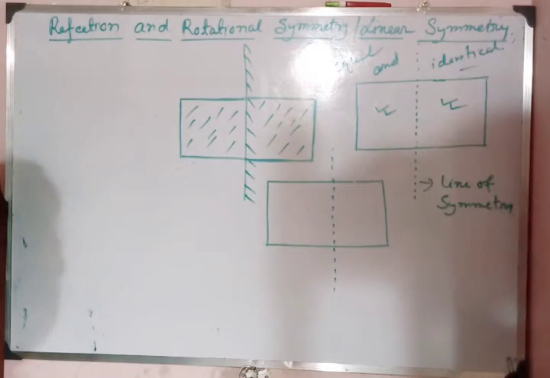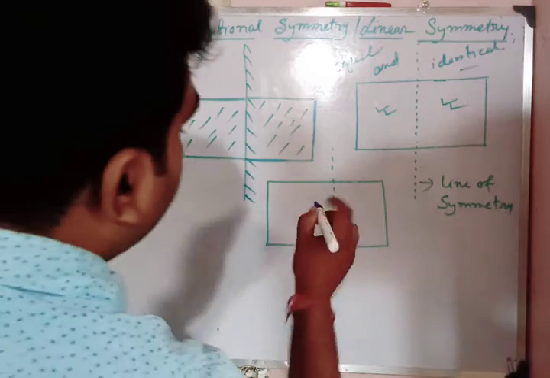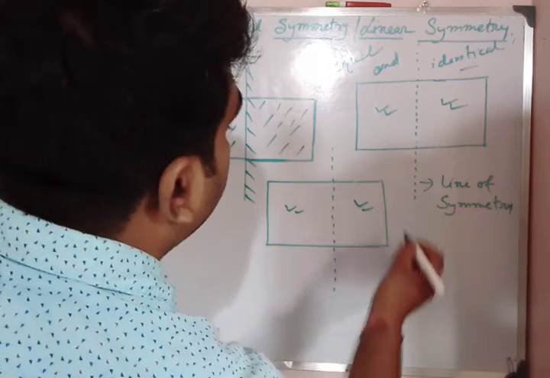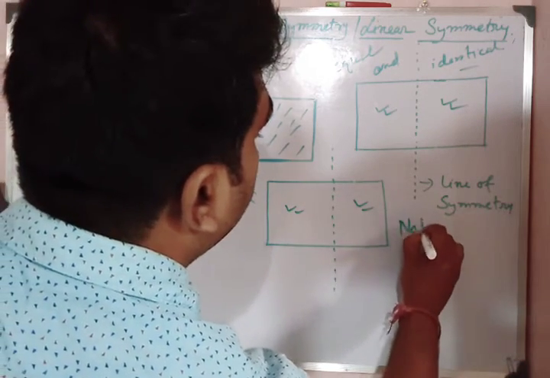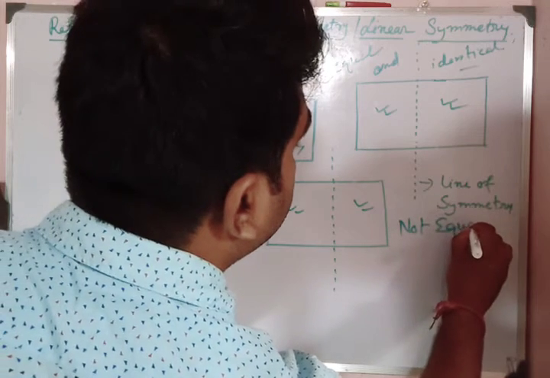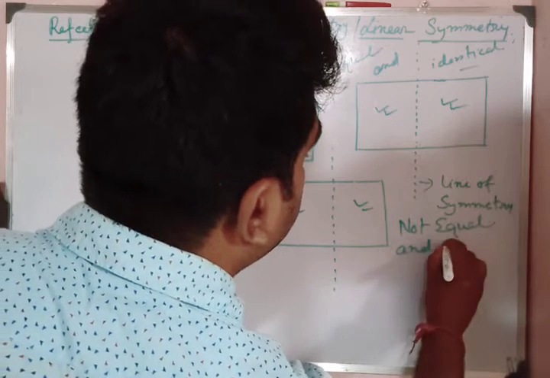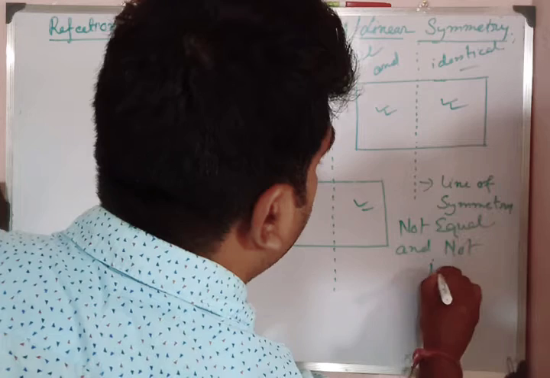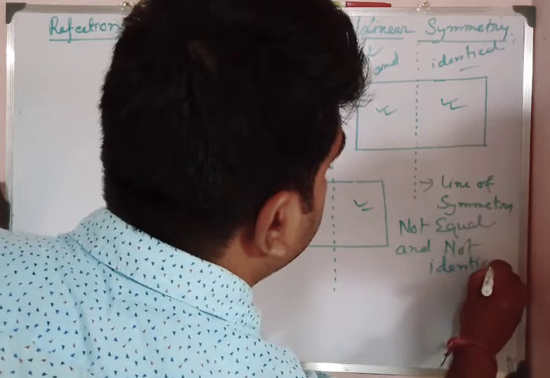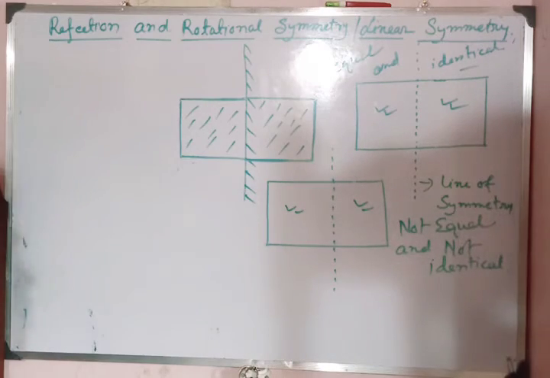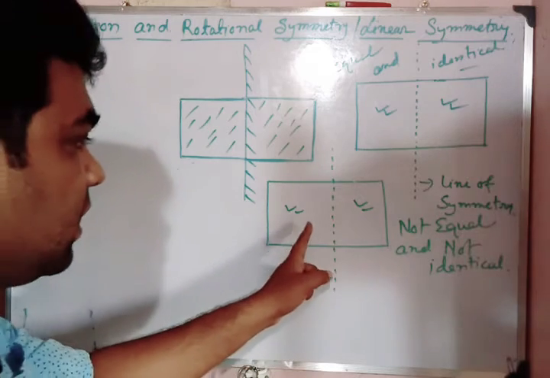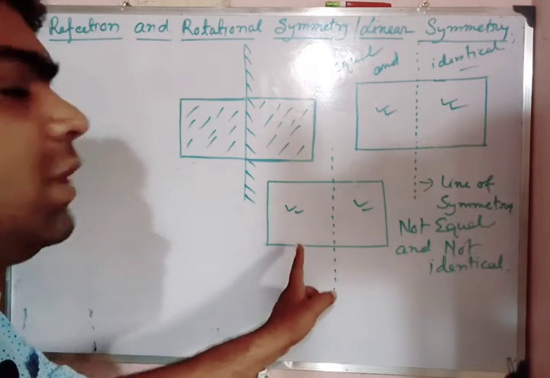But if you observe, with this other line these two figures are not equal and not identical. So this is not a symmetry.